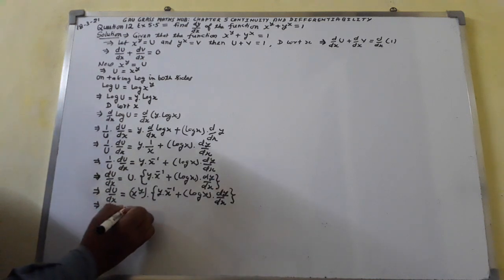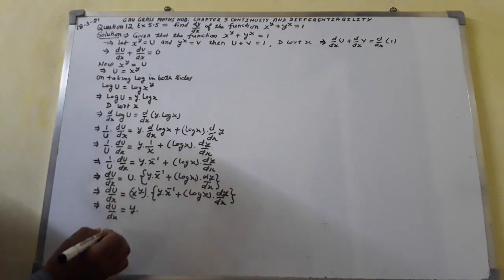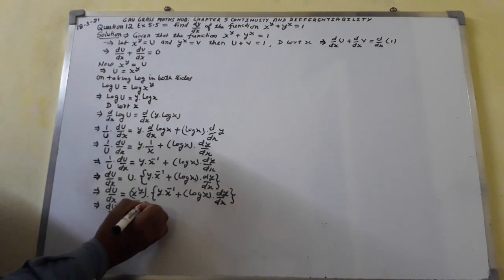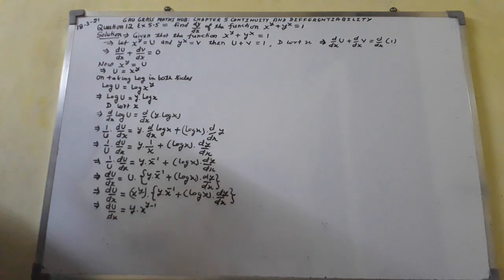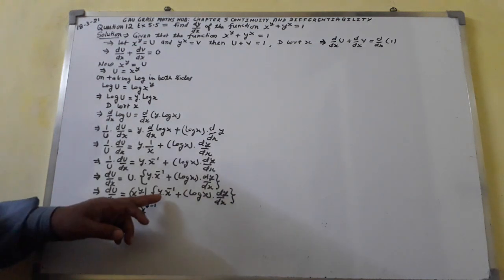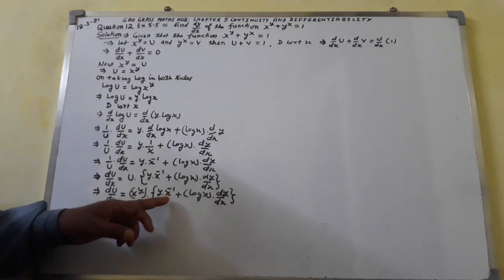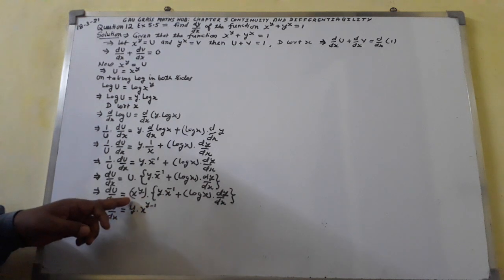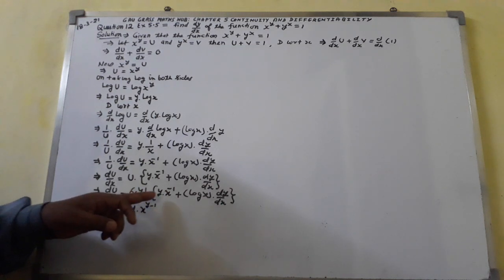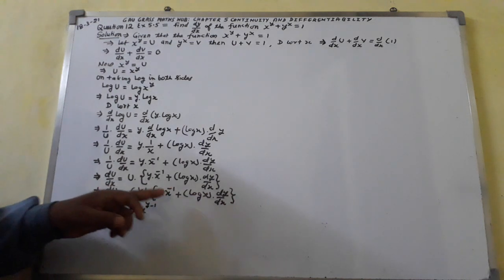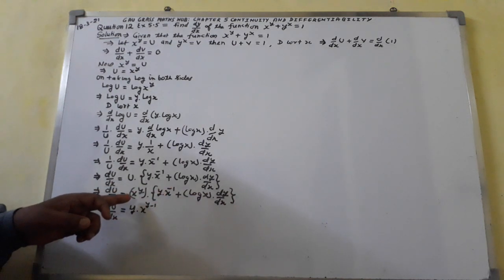We will get here y dot x raised to power y minus 1. Here you can see x is there in base, here x is also there in base. x raised to power y and x raised to the power minus 1 are multiplied together. So we will get here x raised to the power y minus 1.